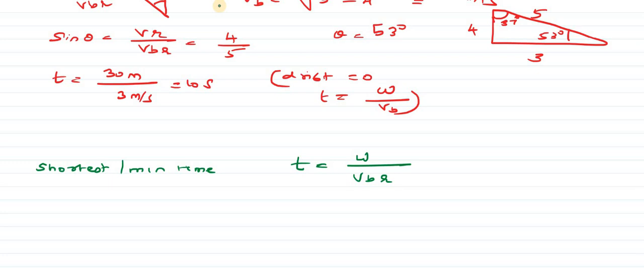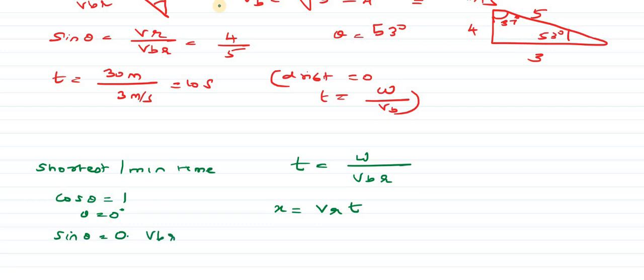Next is what? Here drift can be possible. Drift is given by VR into T. Correct or no? Because at this point, for the shortest time, cos theta is 1, theta is 0, so sin theta will be 0. So VR minus VBR sin theta will be equal to what? It is 0.